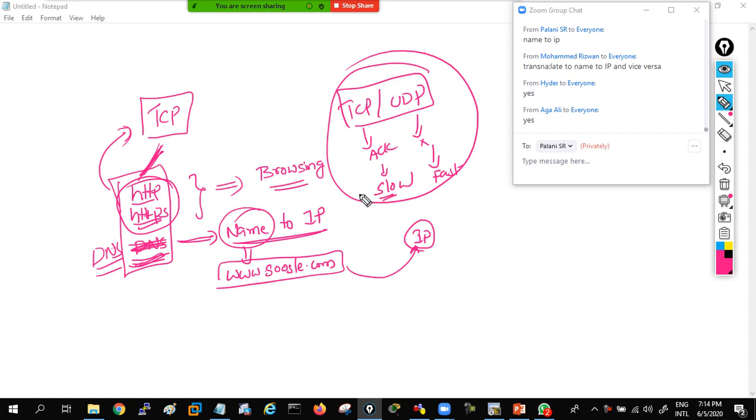Just send it. Whether the destination receives it or not, it doesn't matter. But with TCP, for every packet the receiver sends an acknowledgement to the sender. So whenever you are using TCP, you are 100% sure that your information has reached the destination. Are you clear, guys?